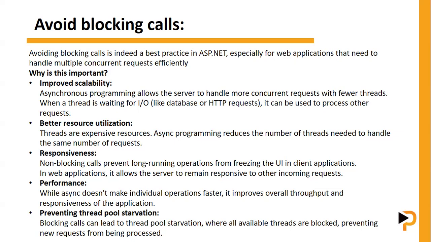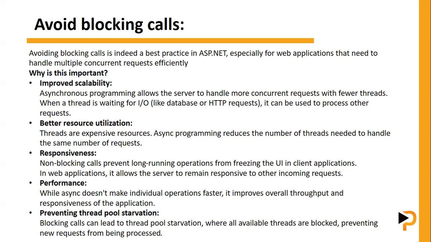So if something is blocking, then we have to do a background task. Consider this particular block of data is allocated or some thread is using it, then we have to do the background task, an asynchronous task. It gives better resource utilization, responsiveness, performance, and prevents thread pool starvation.